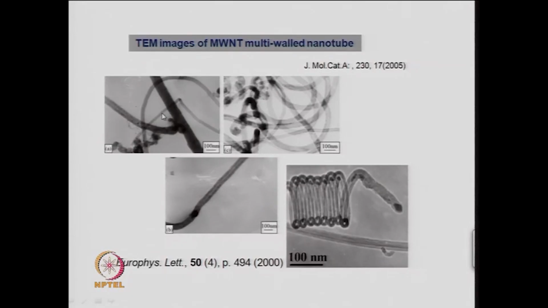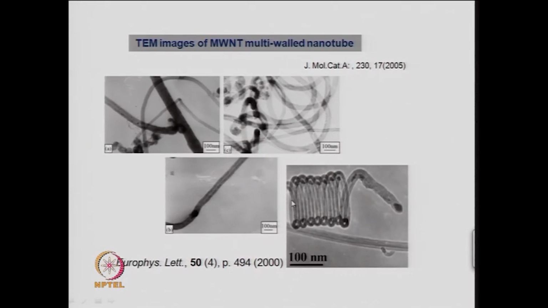There may be maybe 5 or 10 carbon layers in this tube. So, this may be a 10 nanometer or 5 nanometer tube, this may be a 15 nanometer tube, and none of them are single wall nanotubes, because for a single wall nanotube the diameter will be of the order of 1 nanometer in general. Now, nanotubes can be straight, they can be spiral, and they can be of the type of springs.